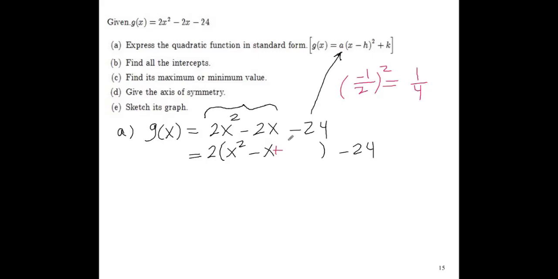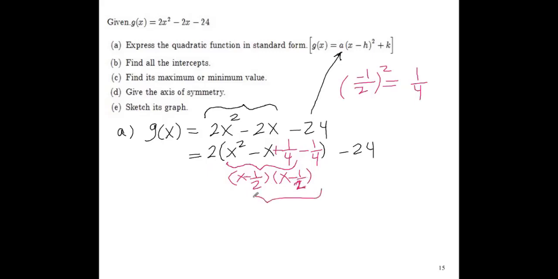So I need to add 1/4, and at the same time I'm going to subtract 1/4 so I don't change my original equation. I can complete the square among these three terms. This is factorable, and I get the same binomial: x minus 1/2 times x minus 1/2, which is the same as x minus 1/2 squared.